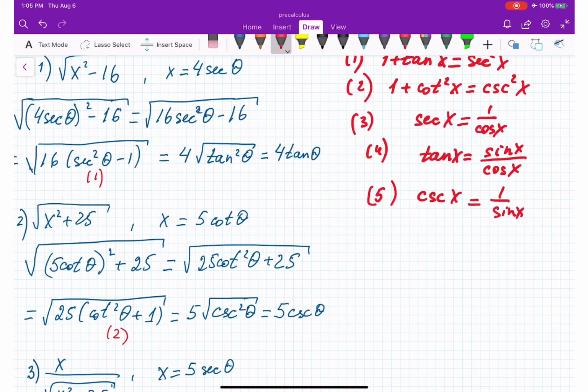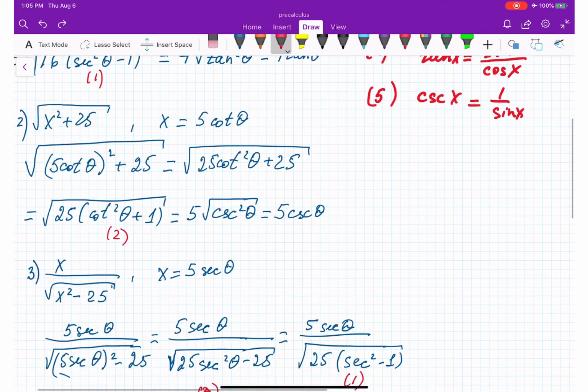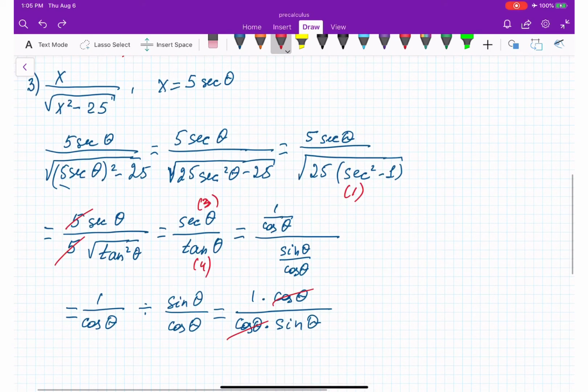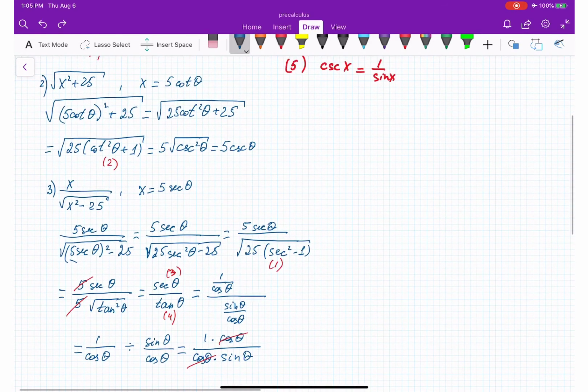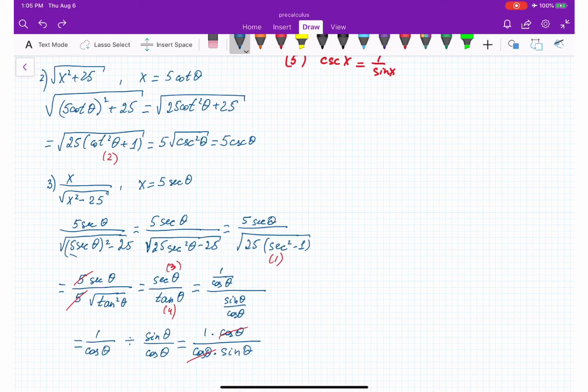So 1 over sine is cosecant. And we get cosecant theta.